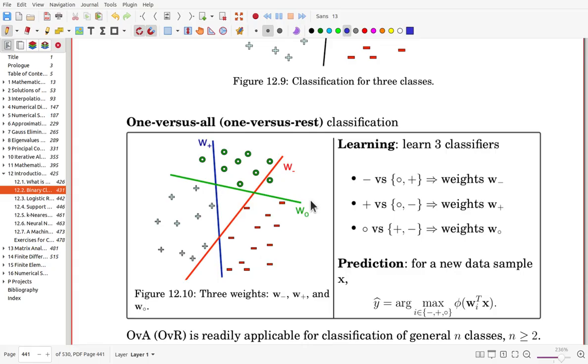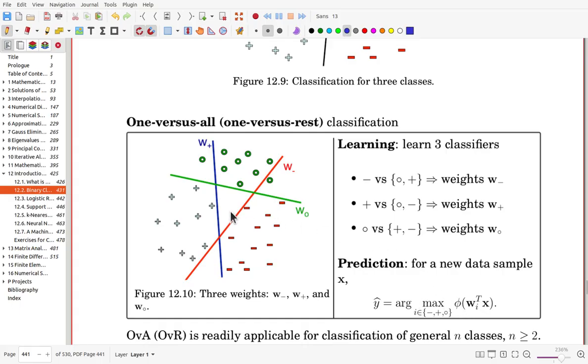After getting these three classifiers, for new points we evaluate the value of each classifier on the input, and among them, we choose the class showing the maximum value.